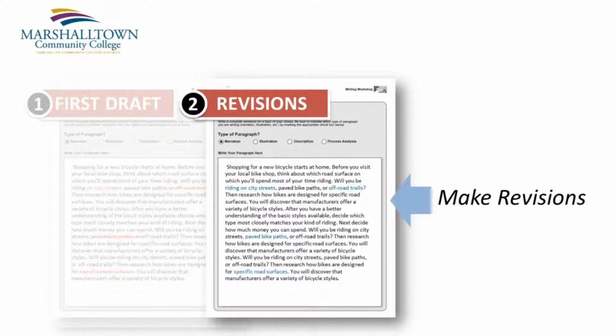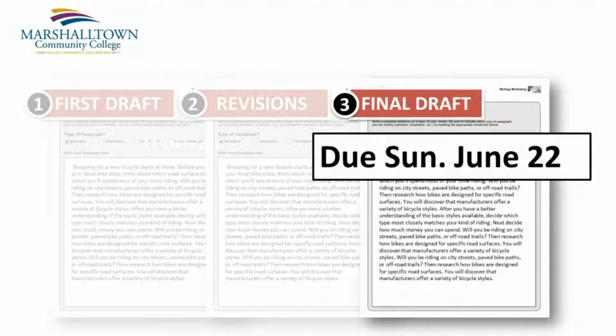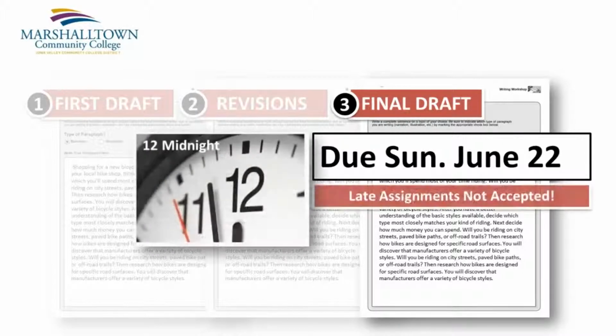Revise your paragraph based on the comments and suggestions I sent you. 3. Submit your revised and final paragraph to me on or before Sunday, June 22. Please keep in mind that you must submit this assignment to me no later than 12 o'clock midnight on Sunday. Assignments submitted after this deadline will not be counted in your final grade.